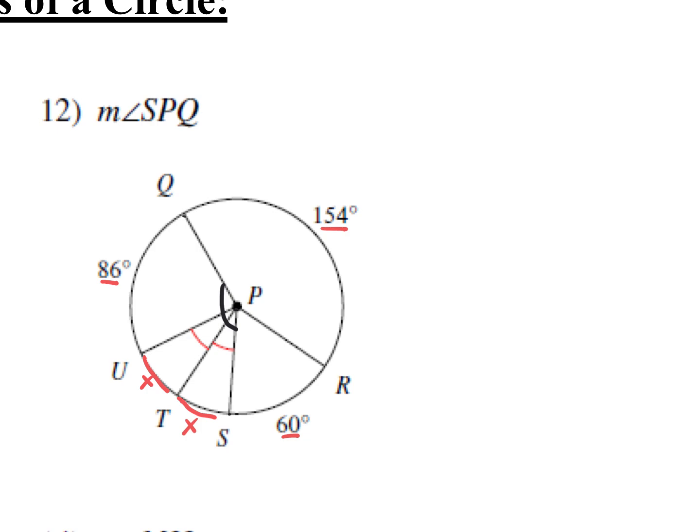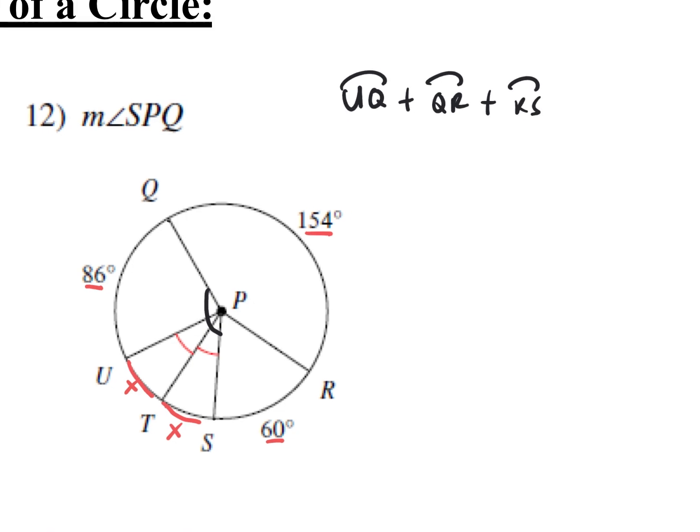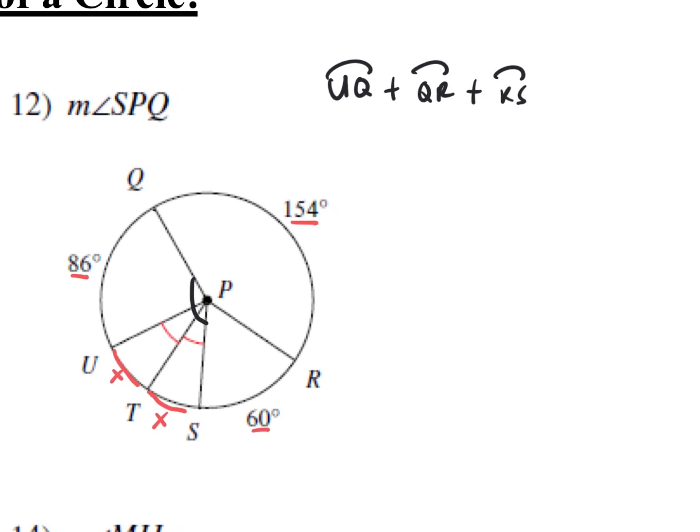Okay. So we know that a whole circle is equal to 360. So let's add everything, starting from arc UQ plus arc QR plus arc RS plus arc TS plus arc TU.